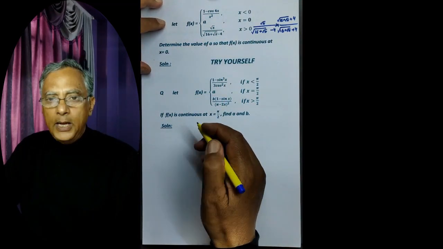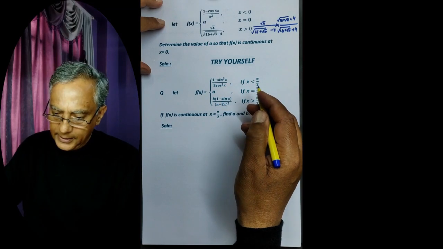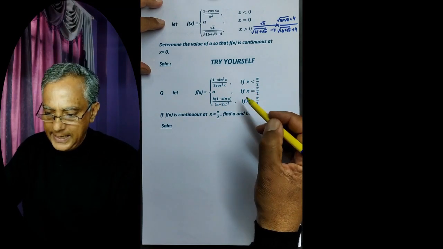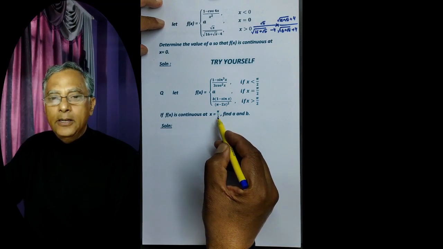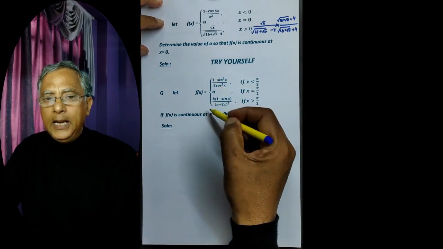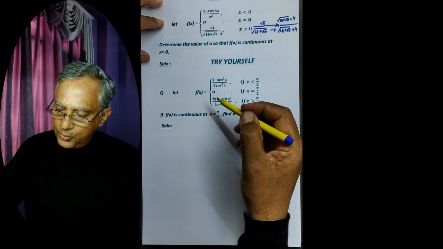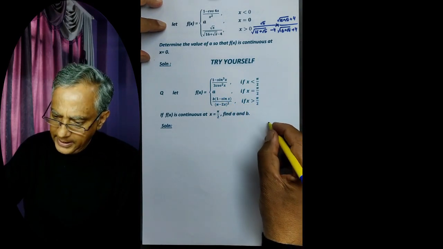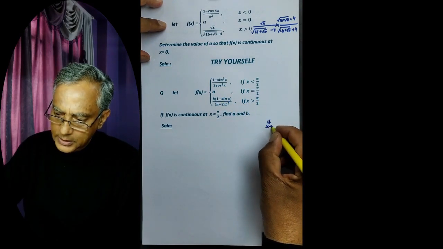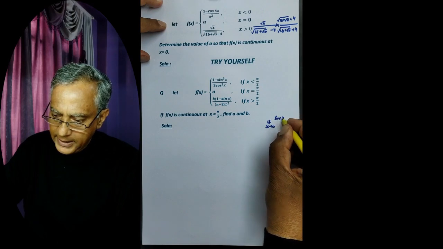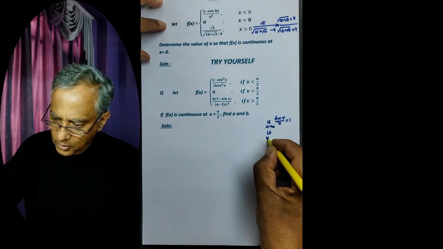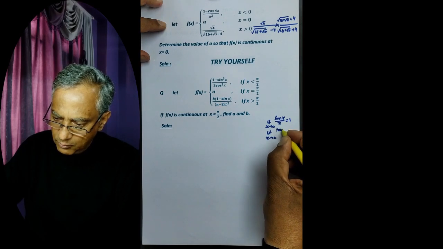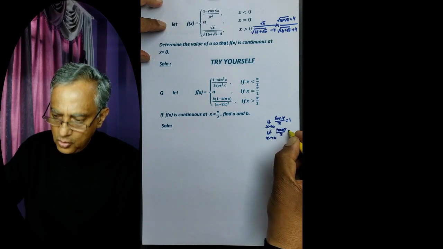Now I come to the next question. In this question, what we see is we have to discuss the continuity at x equal to pi by 2 and trigonometrical functions are involved. In limits, we studied that limit x approaches 0, sine x by x is 1 and limit x approaches 0, tangent x by x is also 1.